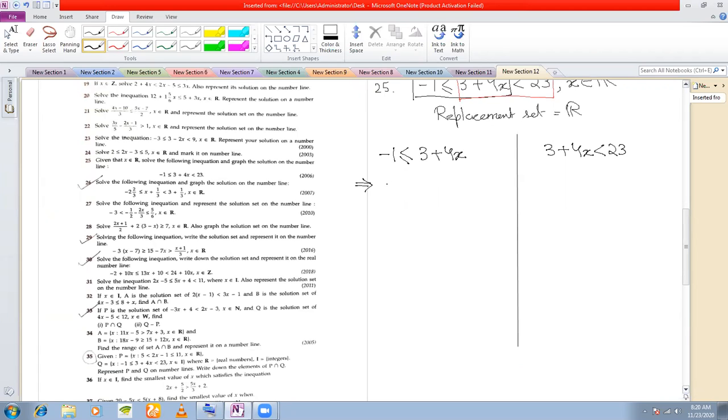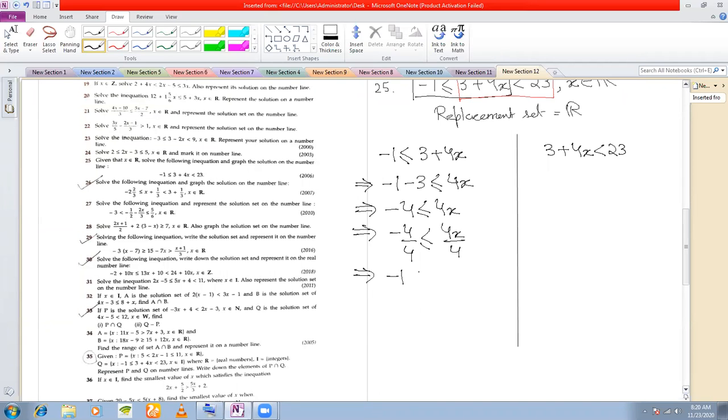So we have minus 1 minus 3 less than or equal to 4x. Minus 4, because you are transposing the 3 to the other side, is less than or equal to 4x. Now, in order to find x, I have to make the coefficient of x 1. So I need to divide both sides by 4, which is a positive number. I will not change the sign of the inequality because I'm dividing by a positive number.